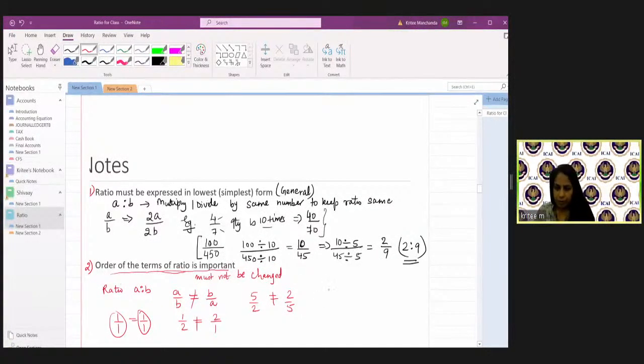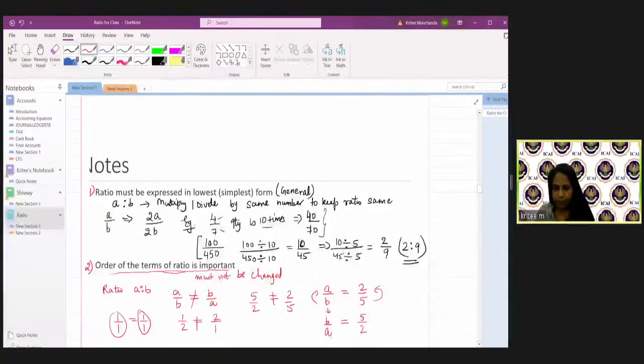One more thing I would like to tell you here. If A is to B is the same as 2 is to 5, and you are required to change the order, you will change the order of this also. What I mean to say is, if A by B is represented as B by A, then 2 by 5 should also be represented as 5 by 2.